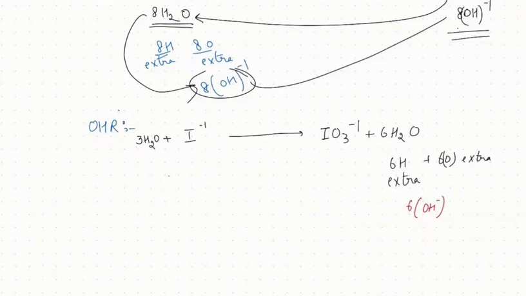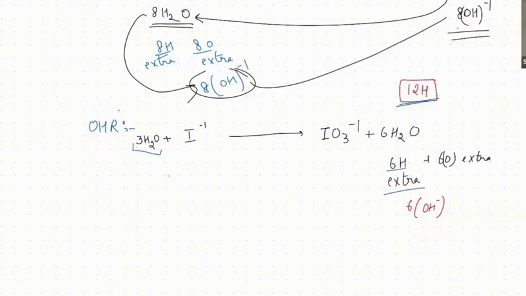Then I have 12H. When there is 12H here, what does that mean? I was supposed to balance only 6H, but I have added 12H. That means I have added 6H extra, right?